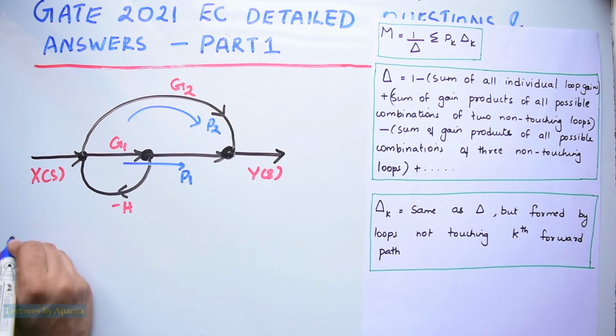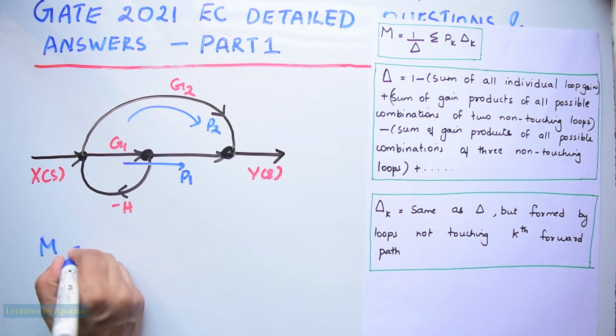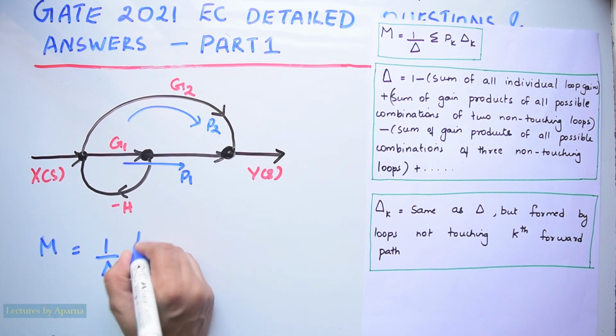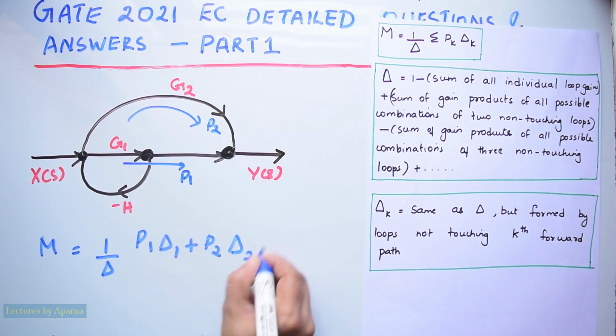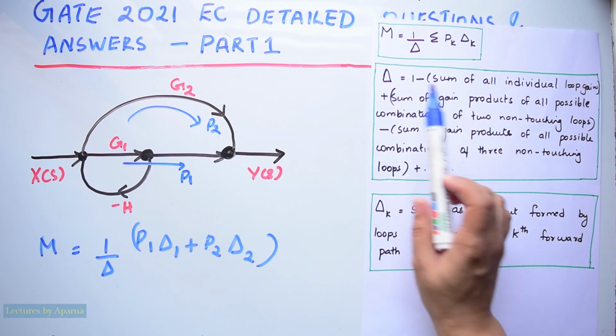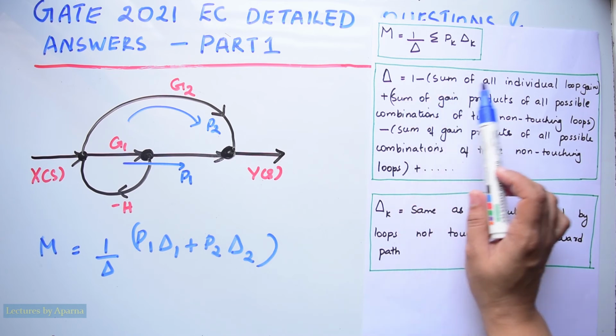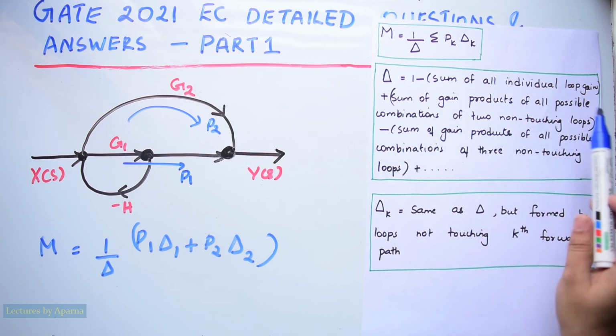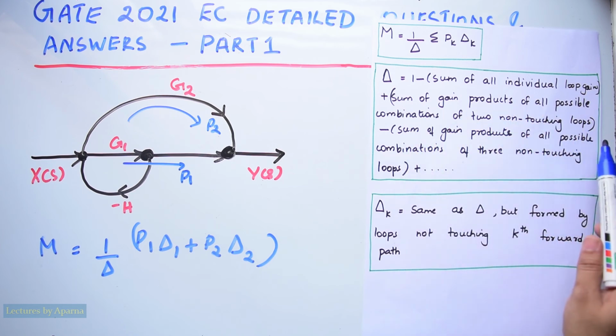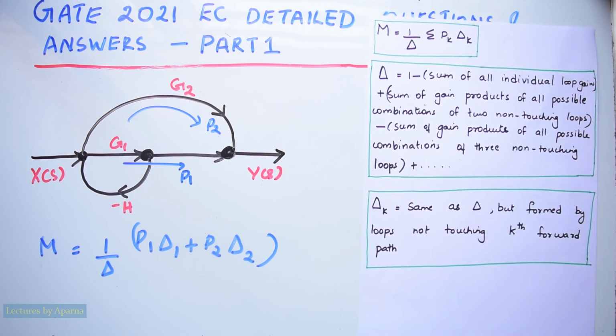So this equation can be written as M is equal to 1 by delta, P1 delta 1 plus P2 delta 2. Now delta is equal to 1 minus sum of all individual loop gains plus sum of gain products of all possible combinations of two non-touching loops minus sum of gain products of all possible combinations of three non-touching loops.